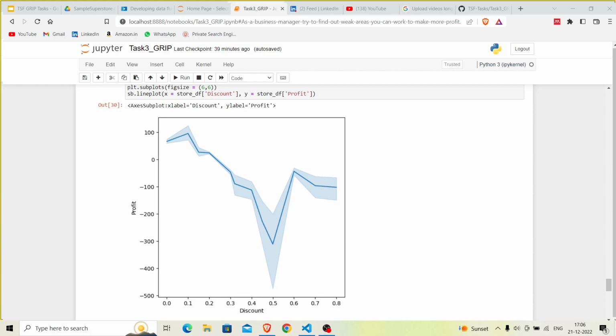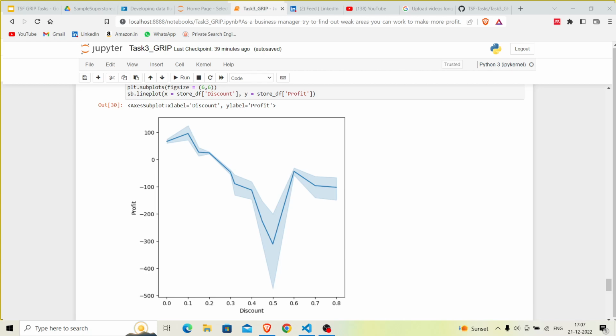The reason for 40 to 50% discount or 60% discount, the customer may think that the item may be outdated, or it may be a clearance sale. So at 60% discount there is some profit, but after 60% also there is loss.